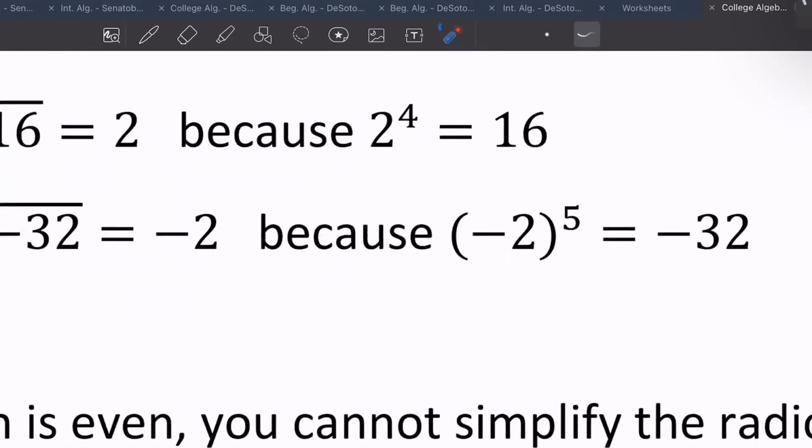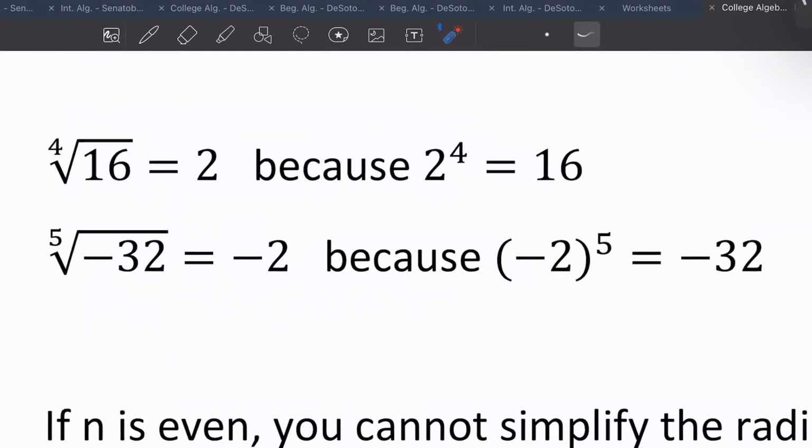Well, that should bring up some question marks for you guys in your head because we just made a whole point that you can't take the square root of a negative number. Remember when I underlined square root and said this is important? That's because we're no longer taking the square root, we're taking the fifth root.